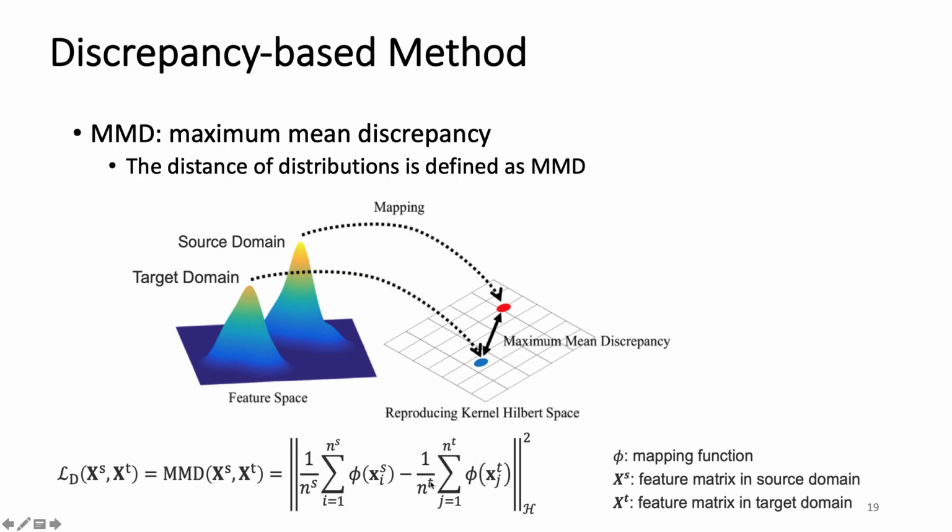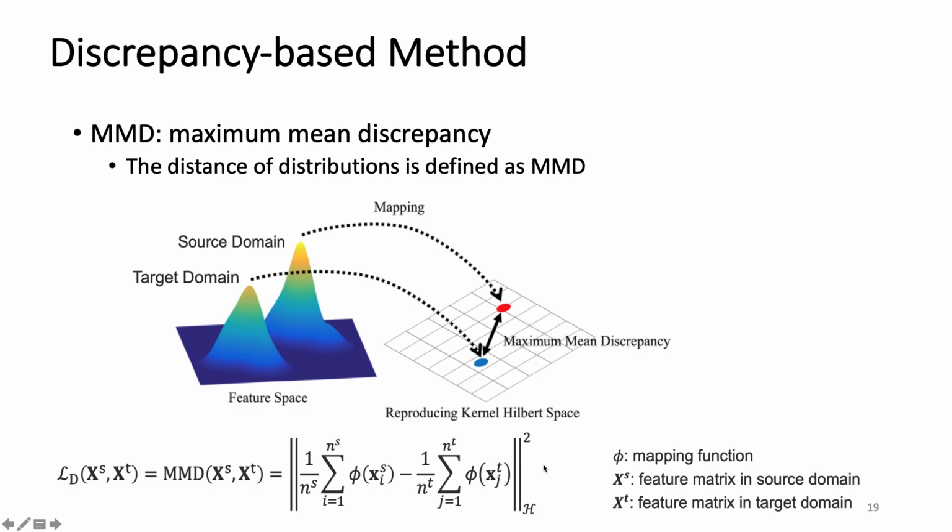Similarly, you take the mean of all the data samples in the target domain, and of course this is after the mapping. So basically, you see the difference between the representative mean data samples in the mapped space between the source data and the target data, and you take the L2 norm of that. So you try to make the source data and the target data look similar in the new mapped space.